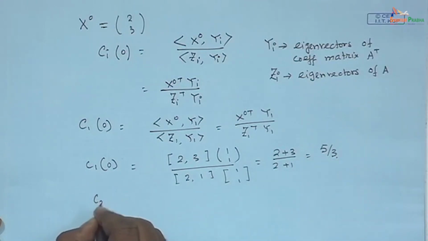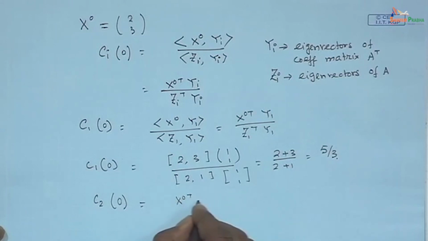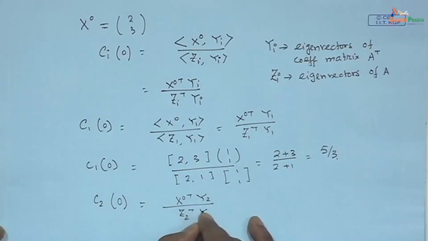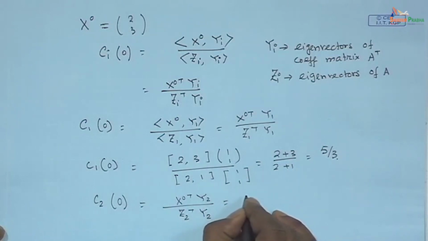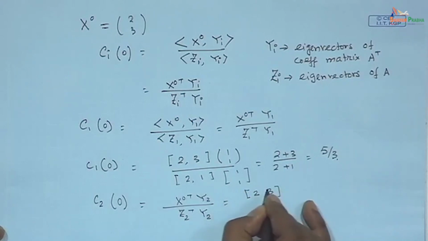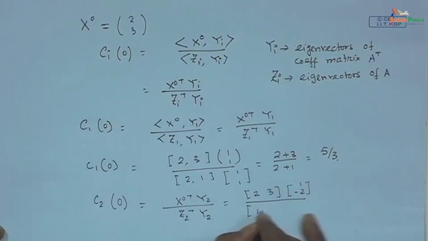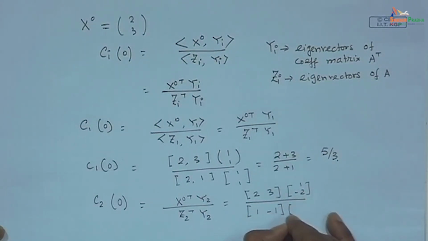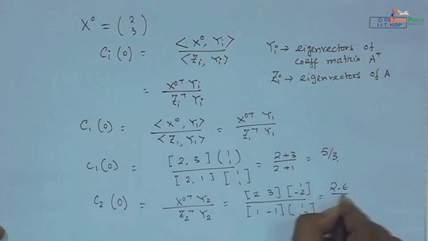Similarly, we have already seen that C 2 naught will be the inner product of x 0 and y 2 divided by z 2 transpose y 2, and this will be 2 3, and y 2 will be 1 minus 2, divided by 1 minus 1 and 1 minus 2, and ultimately it will be 2 minus 6 divided by 1 plus 2.